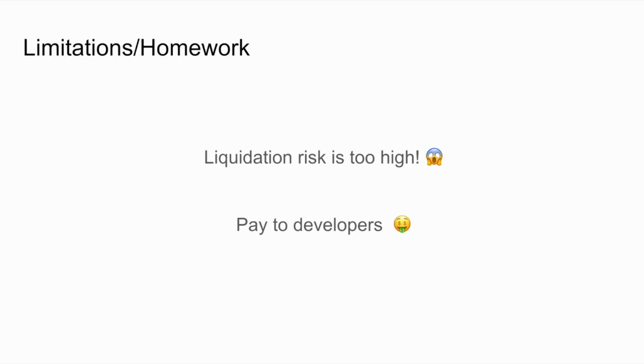The second homework would be related to this operator or developer fee. The idea is to charge a small fee on every mint, burn, and liquidation, and that would go to the stablecoin operator.